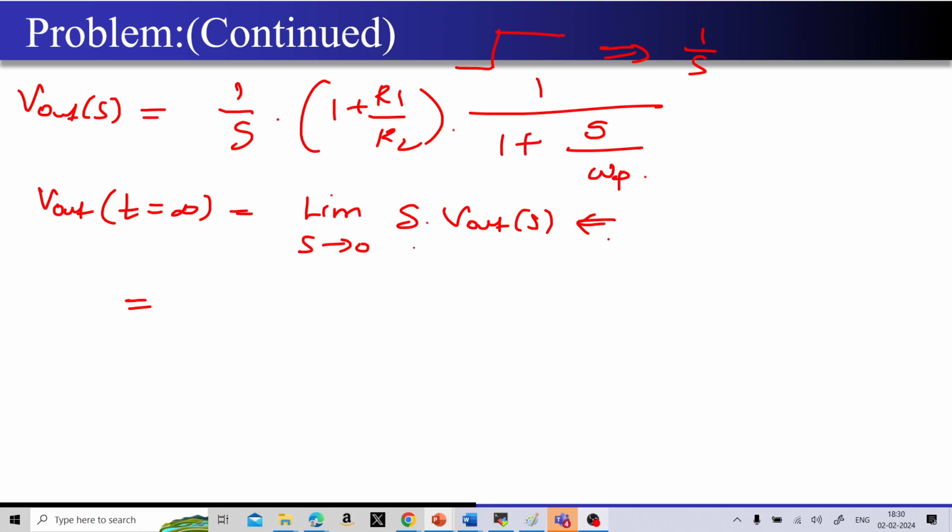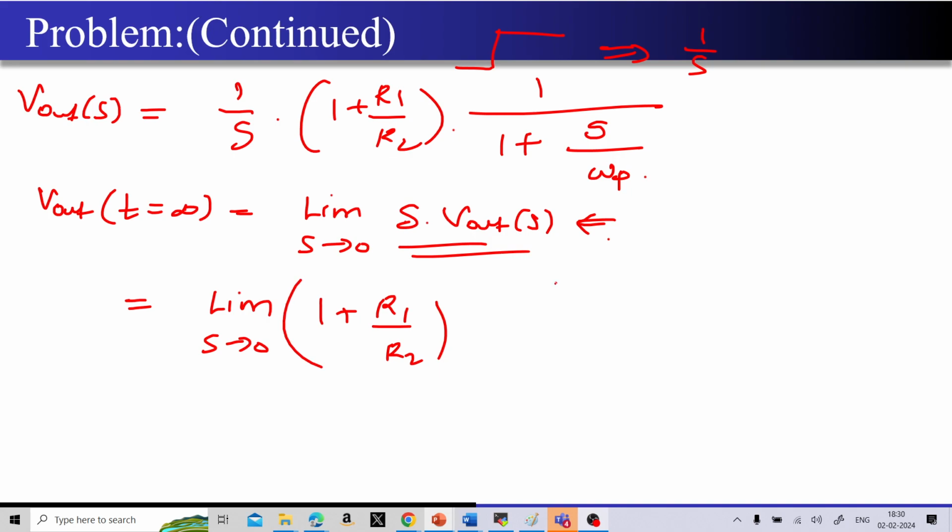Now if I multiply s into V out of s, this s and this s are going to get cancelled. So what I have to do is limit as s tends to 0 of 1 plus R1 by R2 times 1 upon, and if I put s equal to 0 over here, this is what I will be left with. So at time t equal to infinity, I will be left with just this particular value.